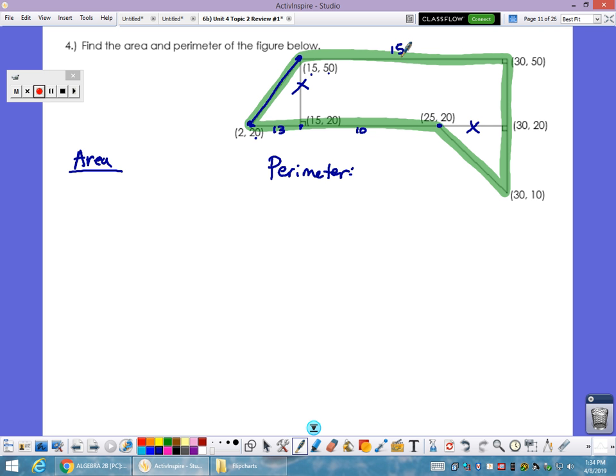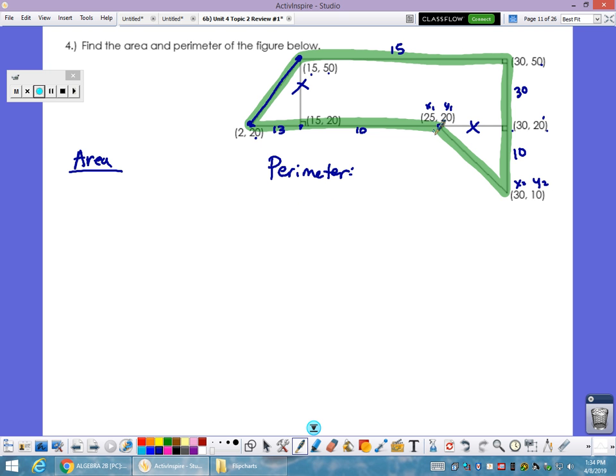All right. Here, these vertical and horizontal distances we can find pretty simply. 20 to 50, I went up 30 units. Here, from 10 to 20, that's 10 units. So really, it's just these diagonals that I need to figure out. Okay, so let's go ahead and do one of these. So I'm going to say x1, y1, x2, y2, and we're going to use the distance formula.